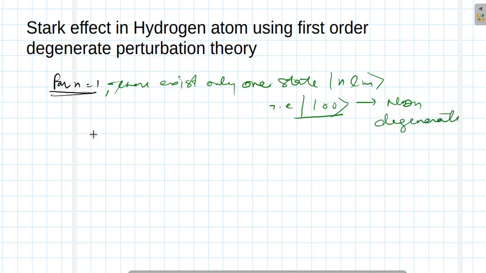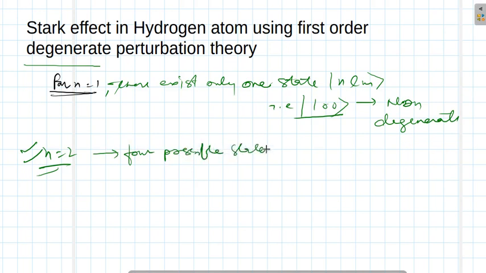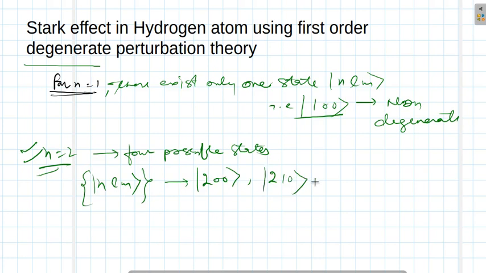But if I talk about n is equal to 2, meaning I want to study the Stark effect in hydrogen atom using degenerate perturbation theory, then for n is equal to 2 there exist 4 possible states, that is nlm. They can be represented as 2, 0, 0, 2, 1, 0, 2, 1, 1, and 2, 1, minus 1.